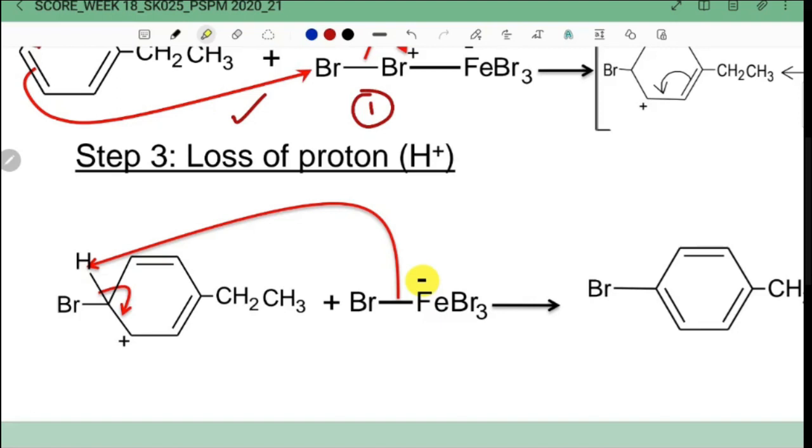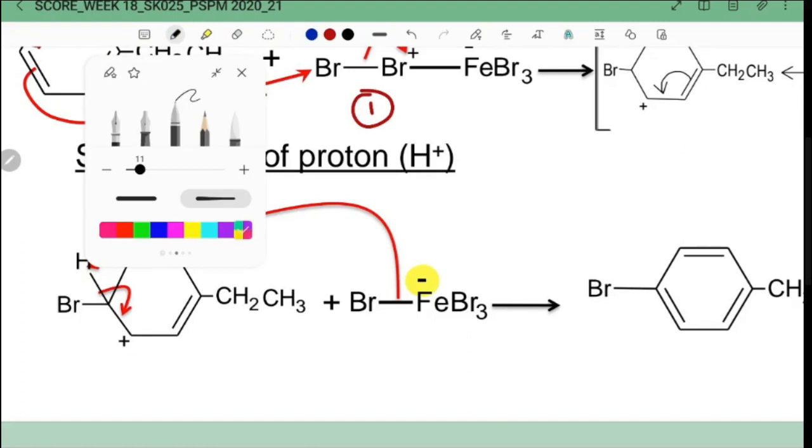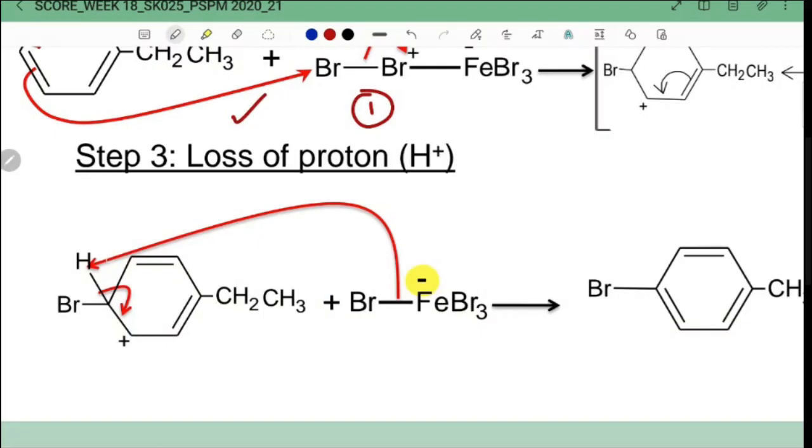Supposedly ada 3 arrow here. Sekejap. Wait ah. Ada 3 arrow.